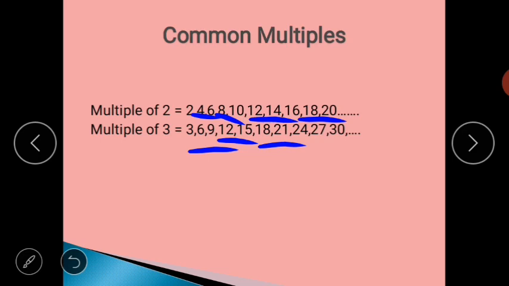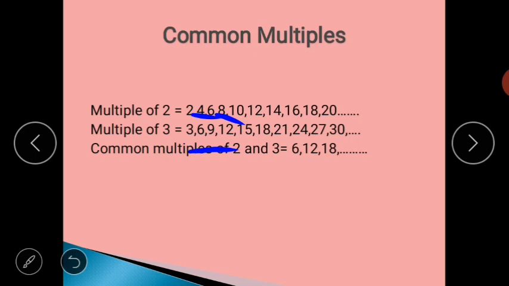So these three numbers are in both the lists. So you can say that 6, 12 and 18 are the common multiples of 2 and 3.